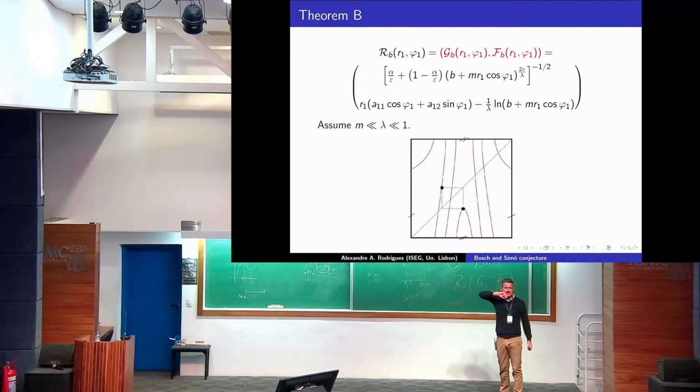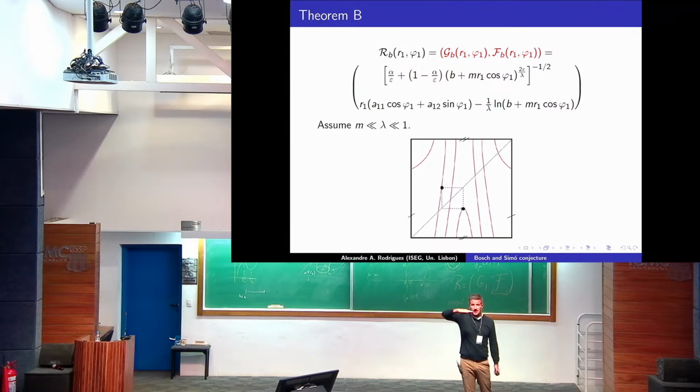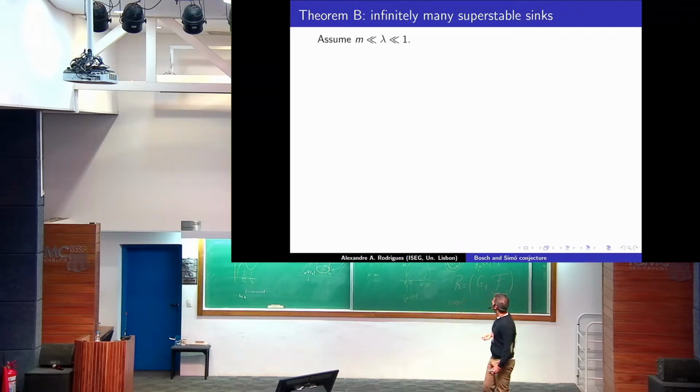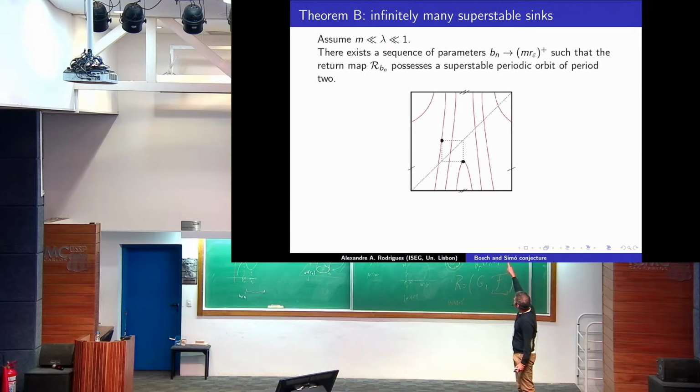And this situation gives rise to what? It gives rise to a periodic point of period 2. Pay attention, that is a periodic orbit of period 2. But it is more than this. This periodic orbit of period 2 is determined by a critical point, where the derivative is 0. Since this derivative is 0, I have this result: there exists a sequence of parameters in such a way that the first return map possesses a super stable periodic orbit.